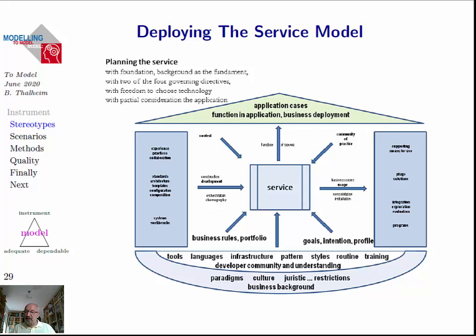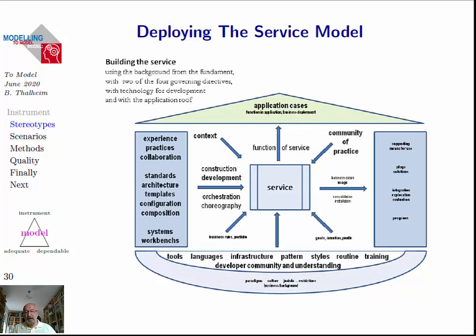We have a planning for the service. In this case, of course, we widely use our background. We know, or we have to know very properly, the application cases, the function of the service in applications, and of course to know what kind of business rules, portfolio, business deployment we have to handle there. The rest is less important.